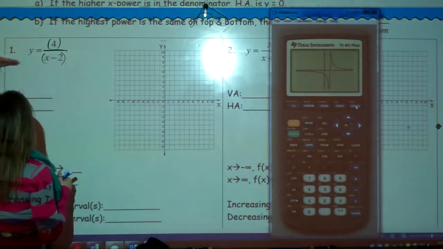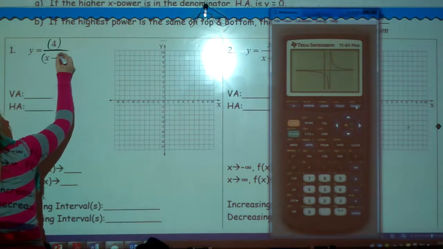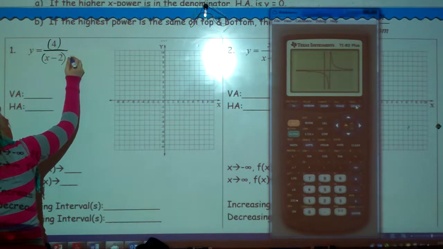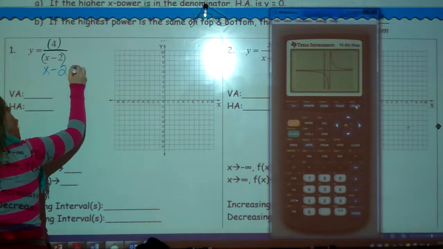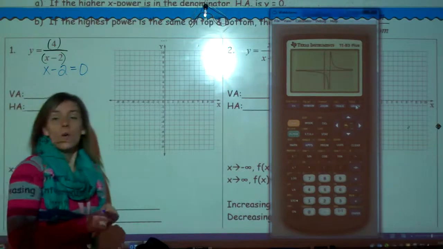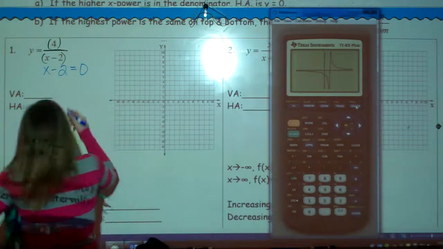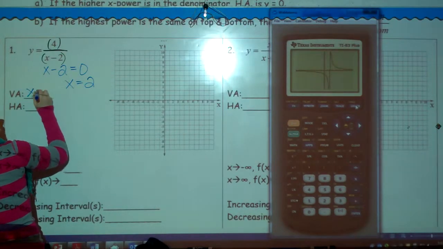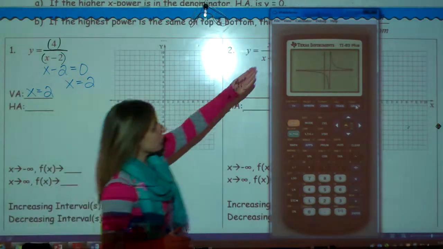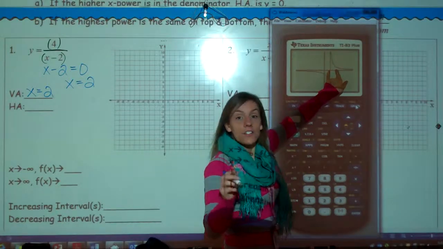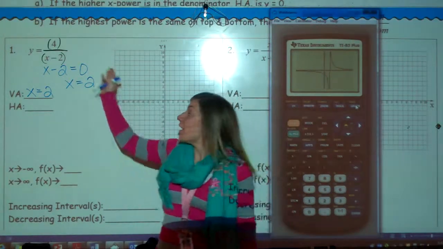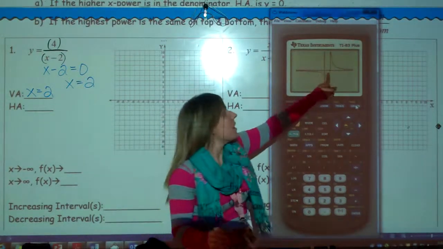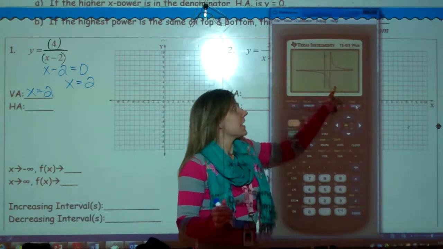So if I look horizontally, this means that x minus 2 equals 0. If you were to solve that, it's kind of like factoring and solving, add 2. That means x is 2, and that's that vertical asymptote. If you're not exactly sure, you just look at the numbers here and get the exact number, but that vertical line is at 2.